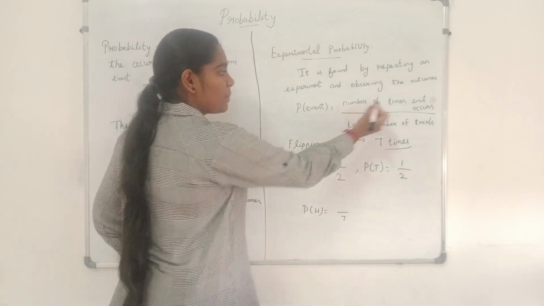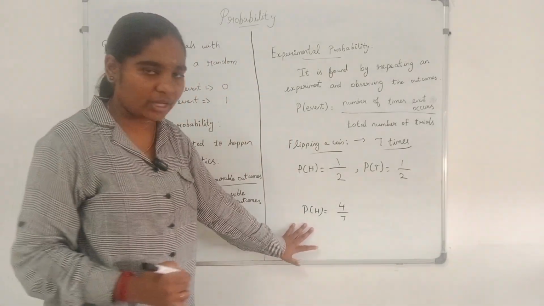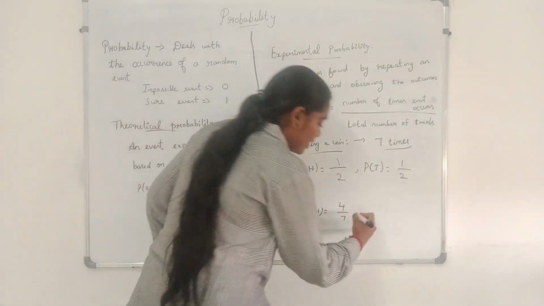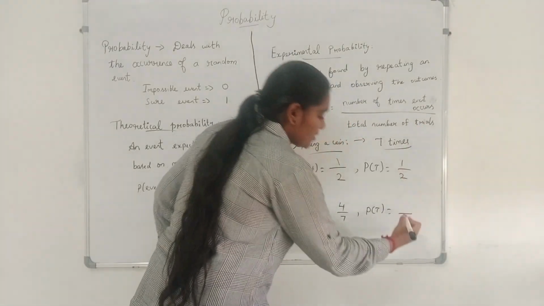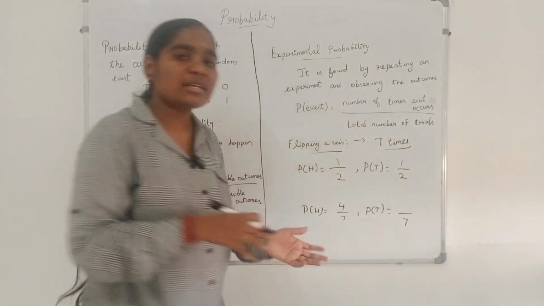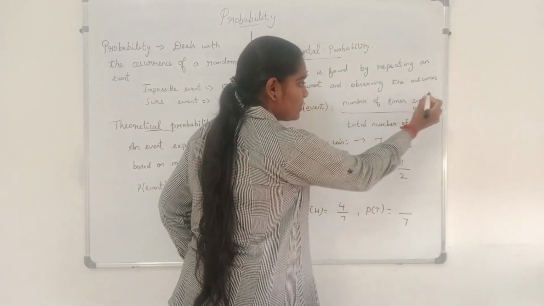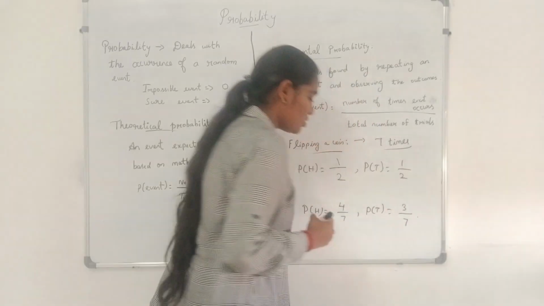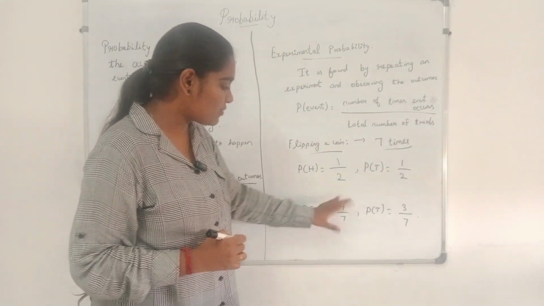So the number of times the event occurs is 4, and the probability is 4 by 7. If you are finding the probability of getting a tail, the total number of trials is 7, and 3 times we got tail. So probability of T is 3 by 7, whereas probability of H is 4 by 7.